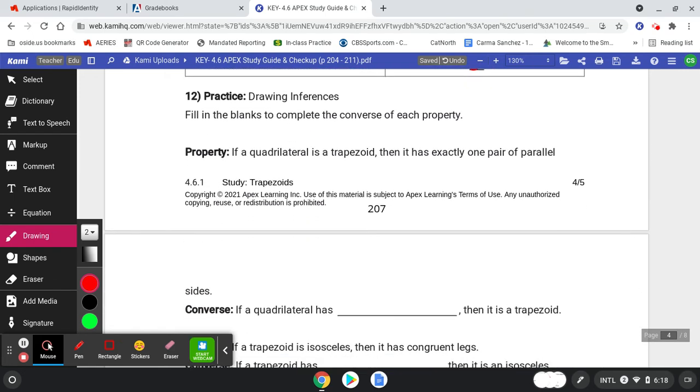Now let's just talk about the converse. Remember how we had the if-then statements that we practiced back in section 3? Now we're going to be talking about converse statements, just like that section, but about trapezoids. So if a quadrilateral is a trapezoid, then it has exactly one pair. And so then we can say the converse: if the quadrilateral has exactly one pair, then it is a trapezoid.